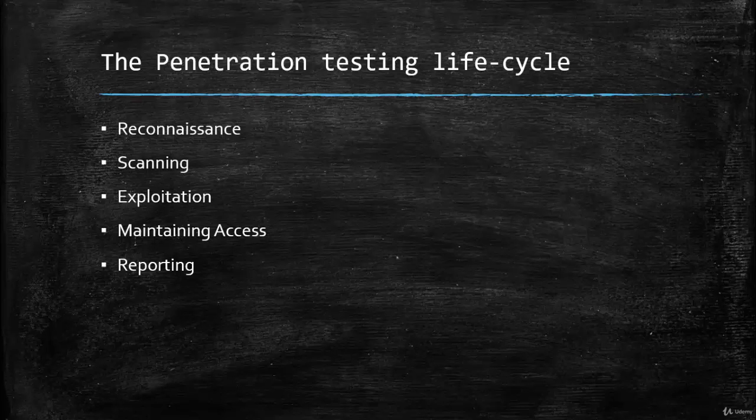Using tools in this phase, a better definition of the network and system infrastructure of the information system that will be targeted for exploitation is gained. The information gained in this phase will be used in the exploitation phase.